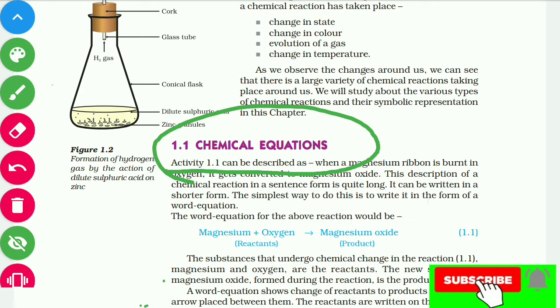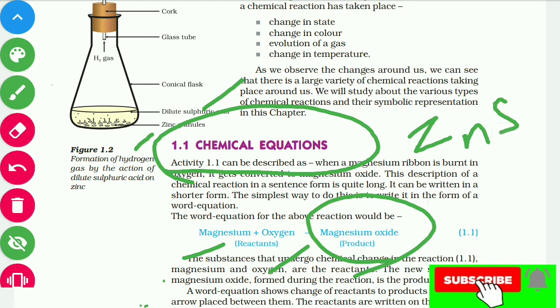The elements may be magnesium, oxygen, zinc, sulfuric acid, and the products obtained on the RHS will be called magnesium oxide and, as you have seen, zinc sulfate, ZnSO4.